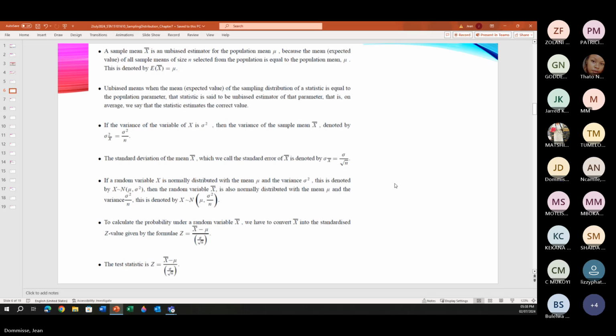So chapter 7 is a very important chapter, because we are using it in chapters 8 and 9.